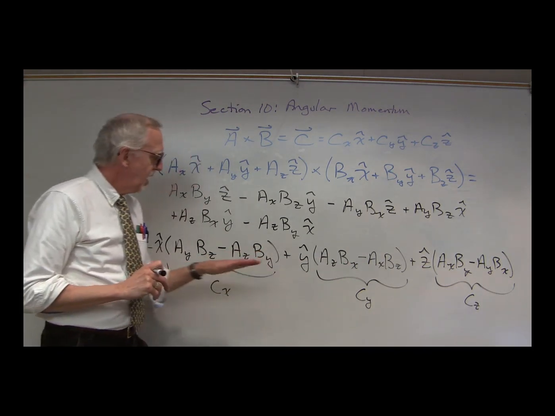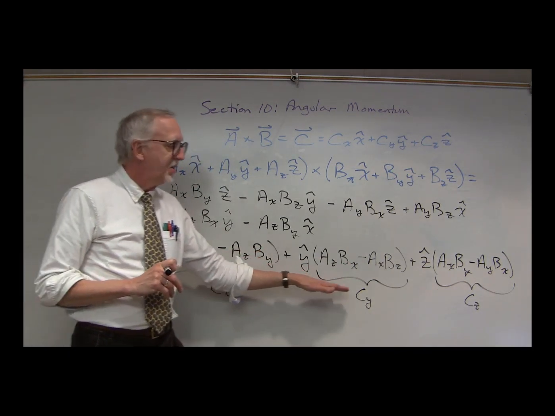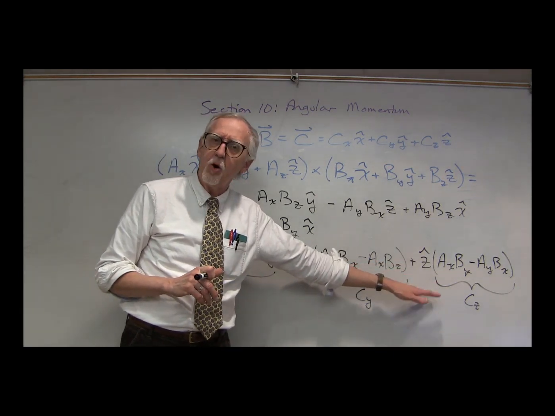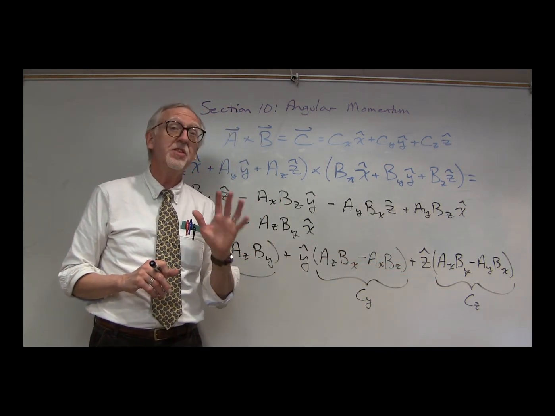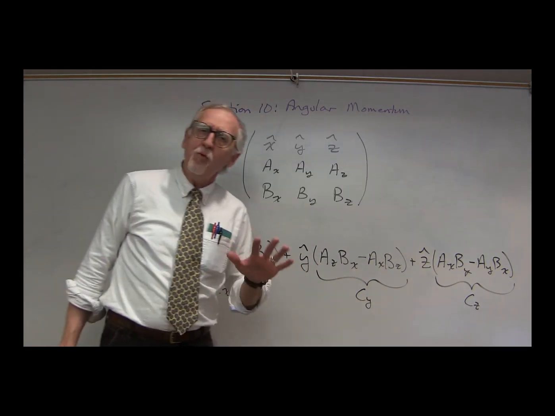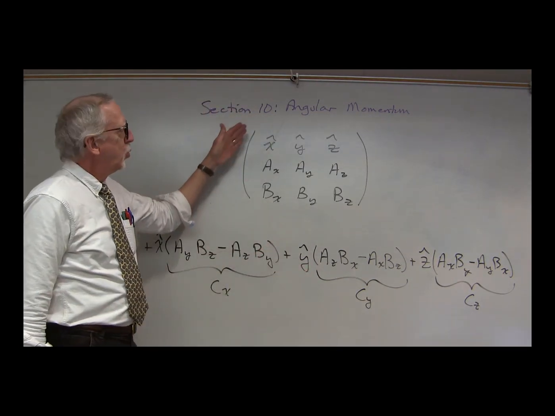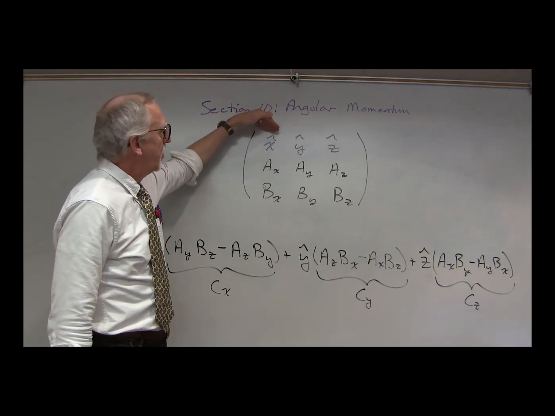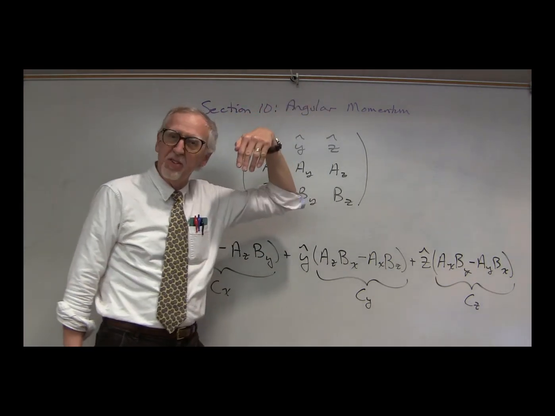Okay, excellent. This actually turns out to be a very interesting form that we can write in terms of the determinant of a matrix. Let's take a look at that. If we have a matrix with components on the top row, x hat, y hat, z hat, so this is kind of a funny matrix.